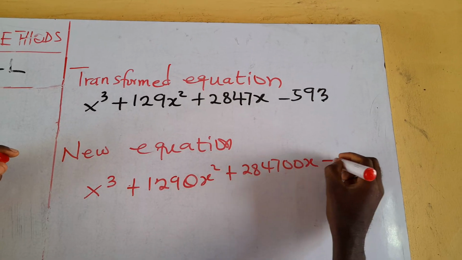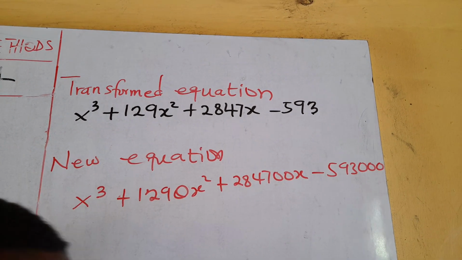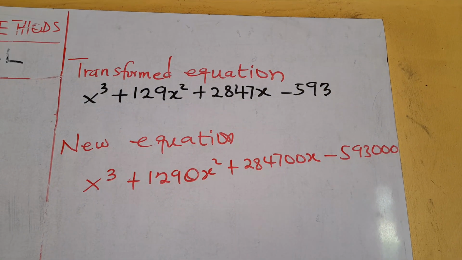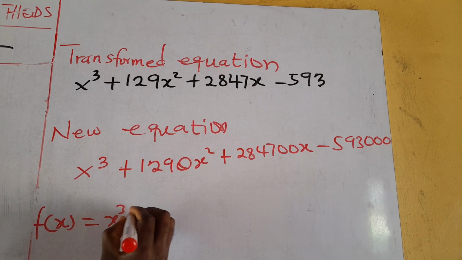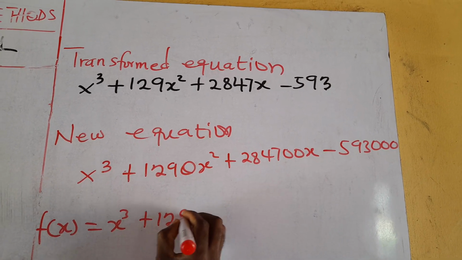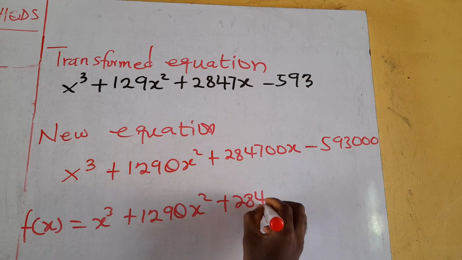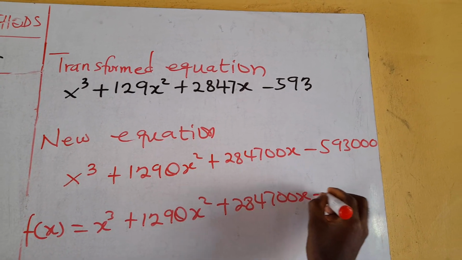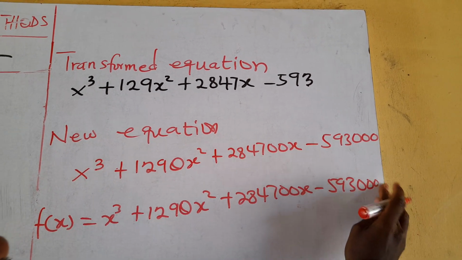Then this times 1000, we have 593,000. I hope you get that. Now, this becomes our f of x. So our f of x is equal to x cubed plus 1290x squared plus 284,700x minus 593,000. I hope you get that.